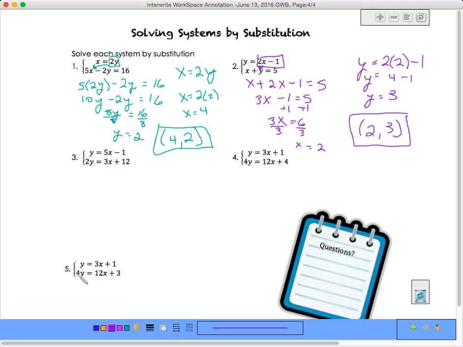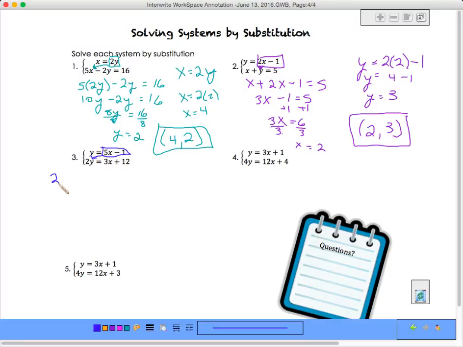All right. Moving down. Once again, one of our equations is solved for y. So I'm going to take this piece right here and put it where y is in the other equation. On these ones, it happened to be the first equation that had the isolated variable, but it can be either.